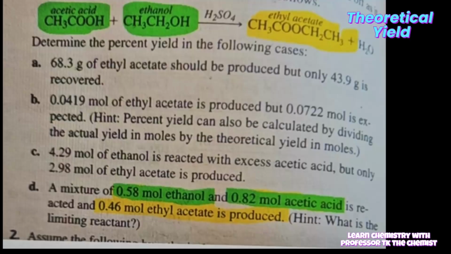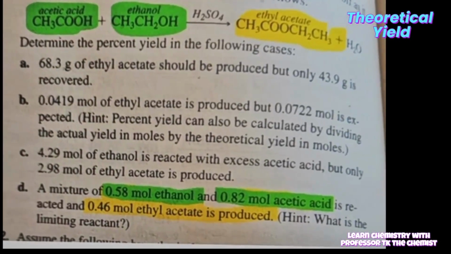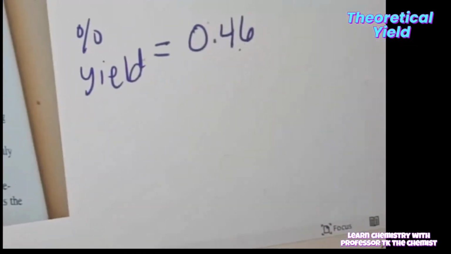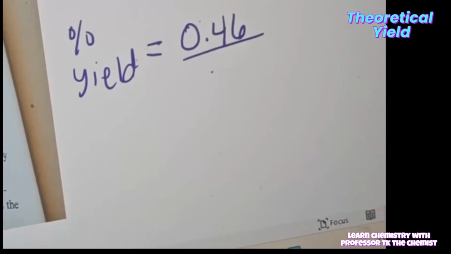Which in this case is the 0.58. Yep, that is your moles. That number is going to be your theoretical yield, because it says what was actually produced was 0.46. So 0.46 was actually produced.